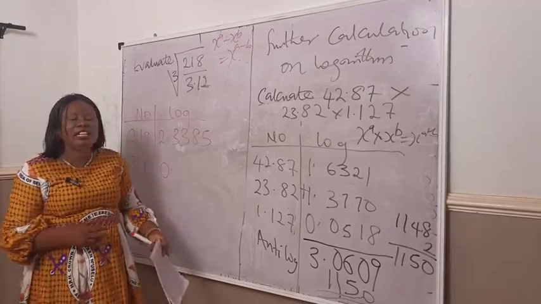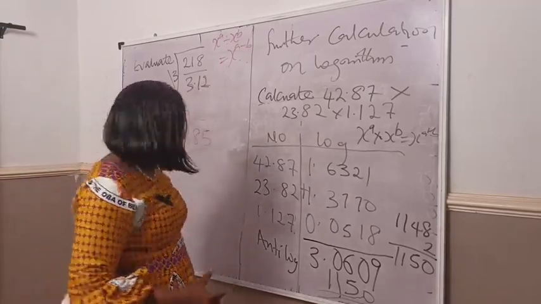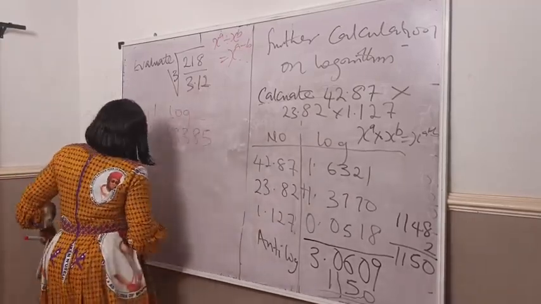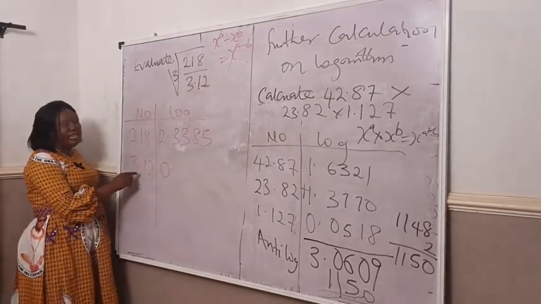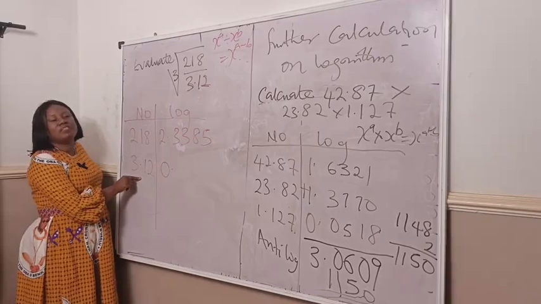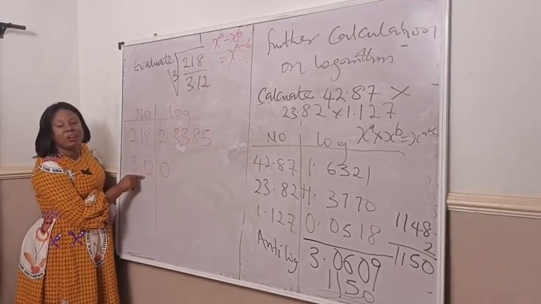Mind you, I have said it over and over again that when you are reading the 4-figure table, if you see something like this, where there is no point in the 4-figure table, you just call it 31 under 2.